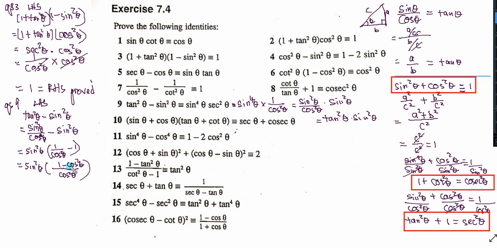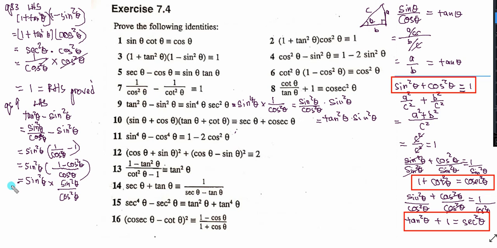Okay, now 1 minus cosine square theta, which is exactly the same as this. And actually, if you bring it over, what remains is sine square theta. So basically, it becomes sine square theta times sine square theta over cosine square theta.